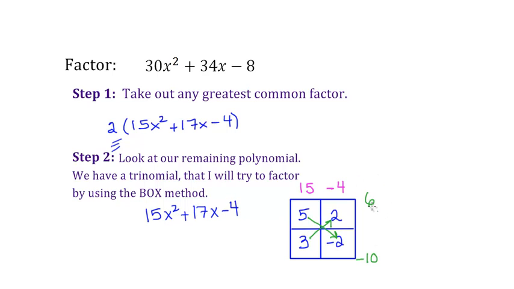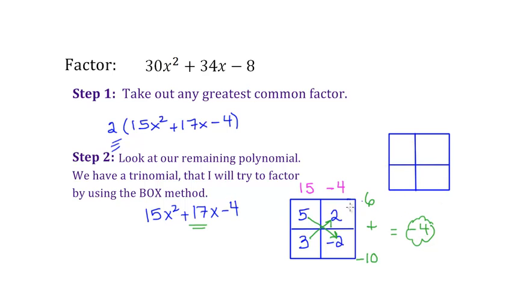And then we add these two numbers together. 6 plus negative 10 equals negative 4. Now, this number here should be our middle coefficient if this box is filled in correctly. But negative 4, notice, does not agree with 17. So that means this box is not a good box, and we're going to have to try a different box.